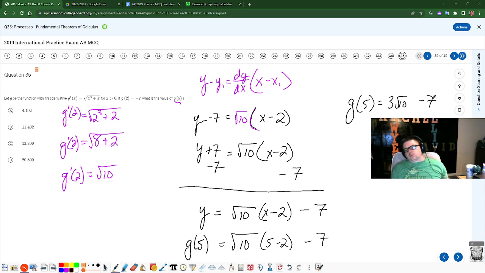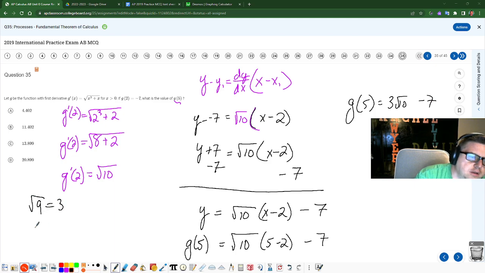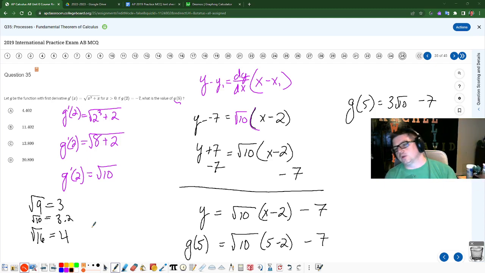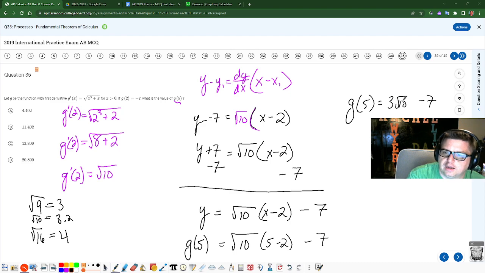When you think about the square root of 10, and this is what I try to tell students of mine, think about your perfect squares. You have the square root of 9 and the square root of 16. The square root of 9 is 3, and the square root of 16 is 4. So where does the square root of 10 fall in? Is it closer to 9 or 16? So this would be probably like 3.1, 3.2. So if we do 3 times 3, we're going to get 9.